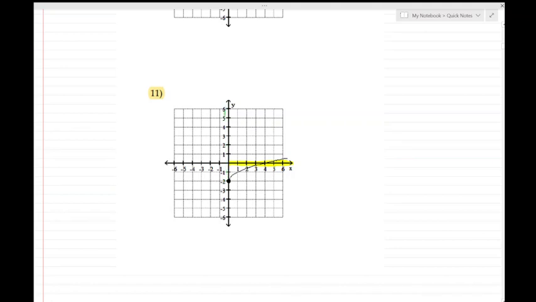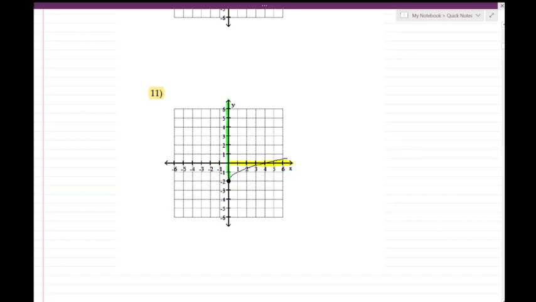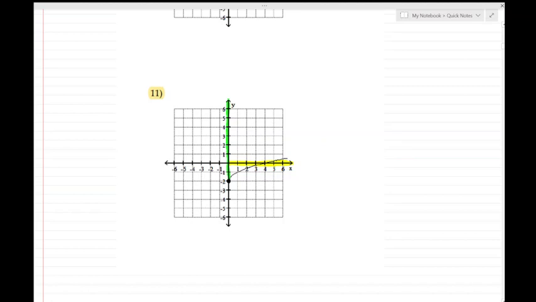We assume, although it's not shown on the graph, that the graph goes on forever, so to the right in the positive x direction, and then upwards in the positive y direction. So the domain is going to be from 0, starting at 0, all the way up to +infinity.